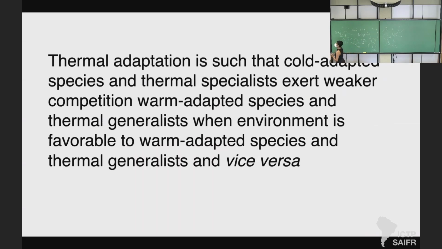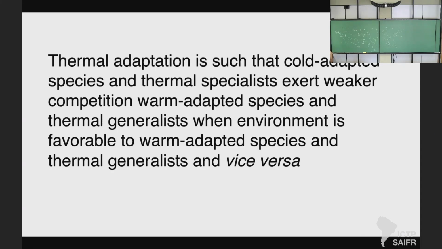So, thermal adaptation is such that cold adapted species and thermal specialists exert weaker competition on warm adapted species and thermal generalists when the environment is favorable to the warm adapted species and thermal generalists, and you can switch that and say that again, and then it will be true for the others. You see that they are adapted in such a way, it's a pretty remarkable thing, right?